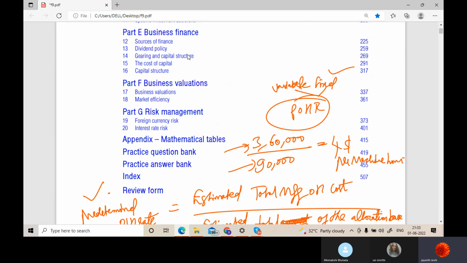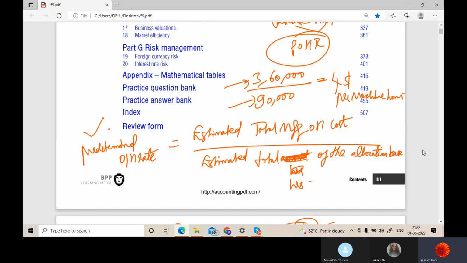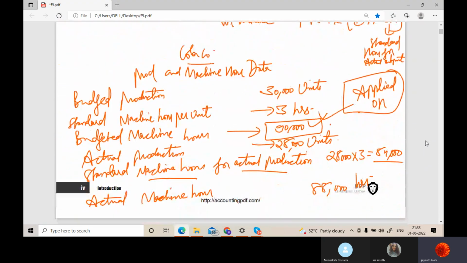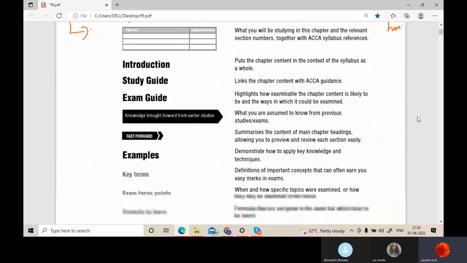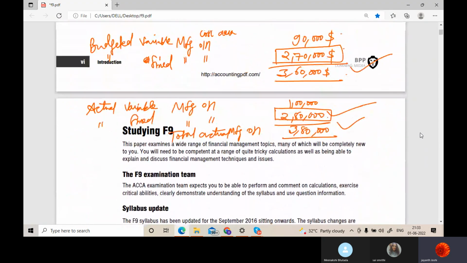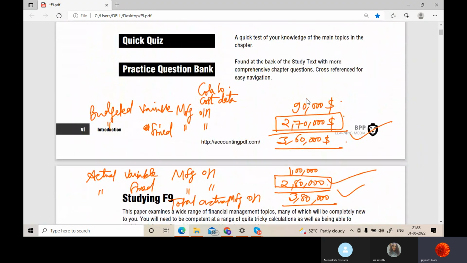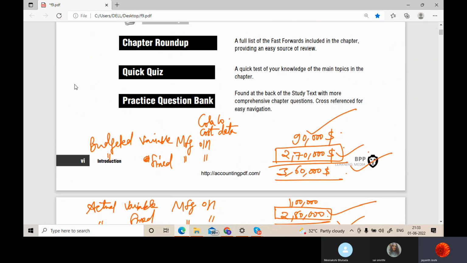See, when you see your question, this is the variable element and this is the fixed element, correct? So I will take 90,000, which is the budgeted estimated variable manufacturing cost divided by 90,000 budgeted hours. I get $1 per machine hour.